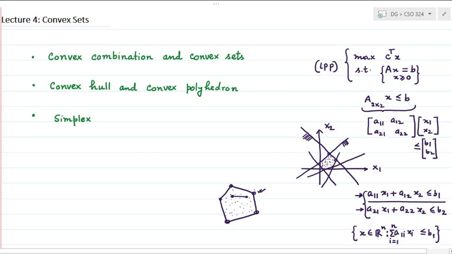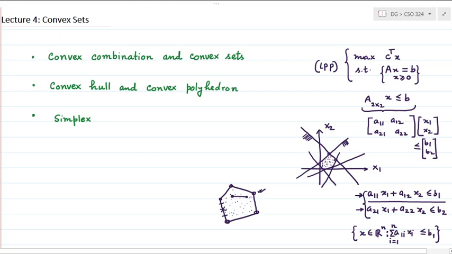For instance, take this point, and you notice that you do not have any other pair of points for which the line segment joining them contains this point. For instance, I take a point over here, and for this cross point I have a pair of points. You take this point and consider the line segment joining them. The line segment contains this cross point.